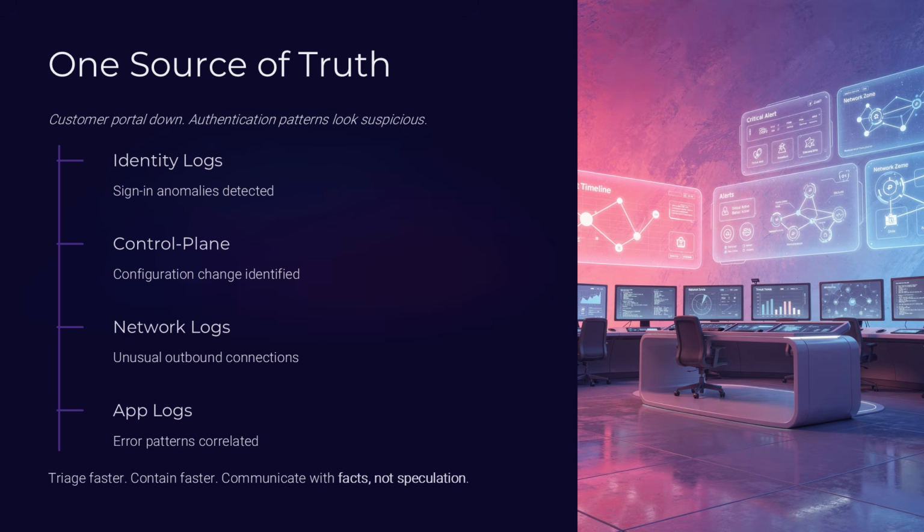With a strong logging strategy, you have one source of truth. Identity events show sign-in anomalies. Control plane events show a configuration change. Network logs show unusual outbound connections. And application logs show error patterns. You can triage faster, contain risk faster, and communicate with leadership using facts rather than speculation. This is the business value of logging done properly.